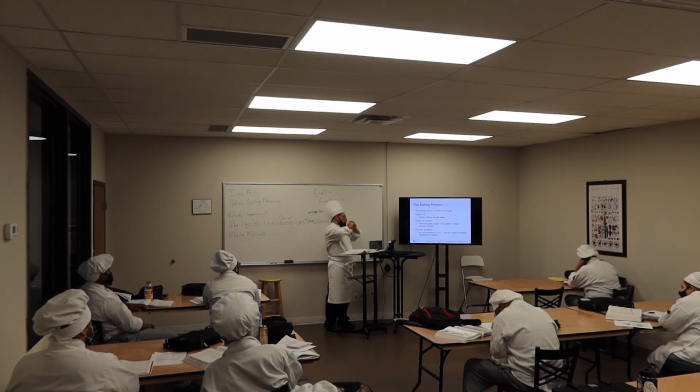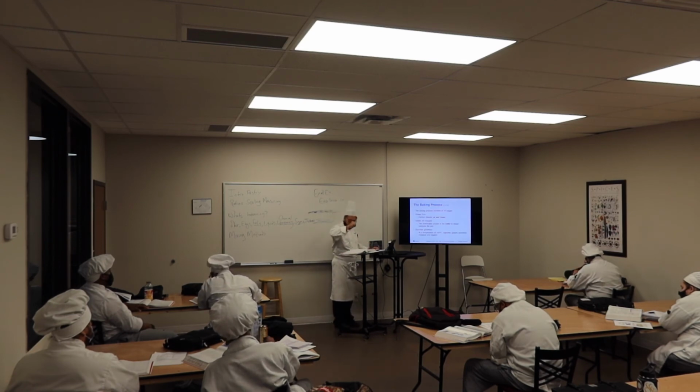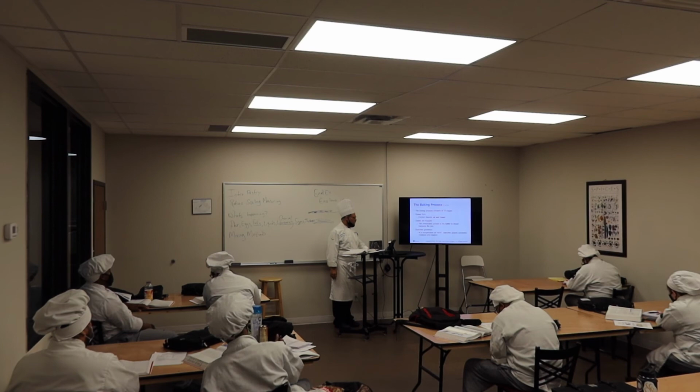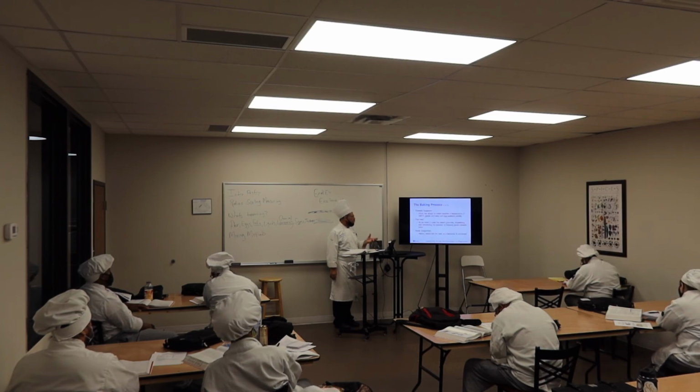And then the starches begin to gelatinize at 140. As they gelatinize, they get larger because they're taking on the water. So they take on that moisture and they expand. Then our proteins begin to coagulate. At 160 degrees, that's when the gluten and the dairy and the eggs begin to solidify.